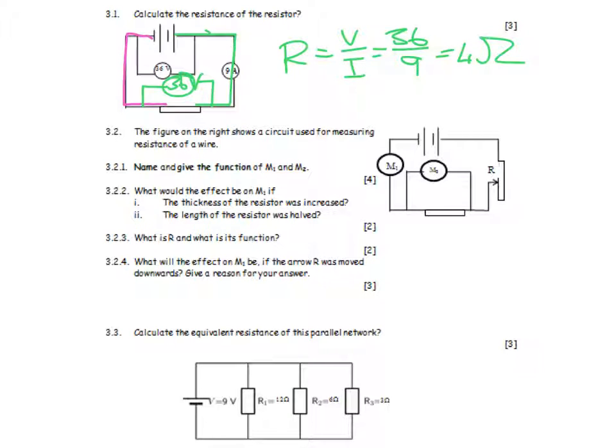Here we've got a circuit measuring resistance of the wire. Give the name and function of M1. M1 is connected in series, so M1 is an ammeter, and it measures current strength.